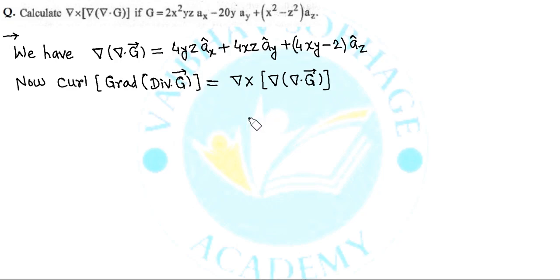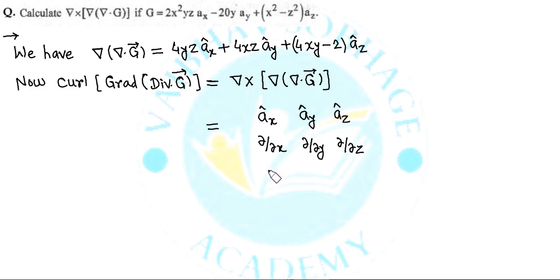Since it is expressed in terms of the Cartesian coordinate system, we are going to make use of the curl of a given vector in a Cartesian system. So we have the determinant of ax cap, ay cap, az cap, then d/dx, d/dy, d/dz.